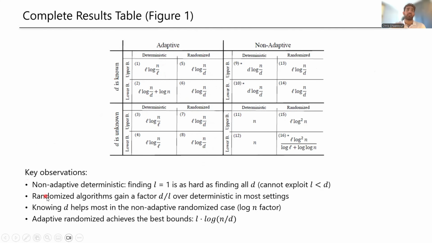So we can see also that the randomized algorithm gains a factor of D divided by L over deterministic in most settings. It's exactly what we talked about a moment ago, the difference between 1 and 5, and also 3, 7, and 4 and 8. Another point is that knowing D helps most in the non-adaptive randomized case.